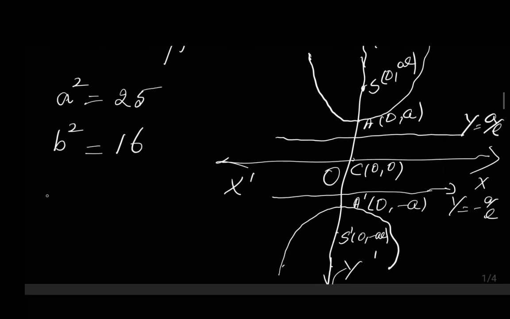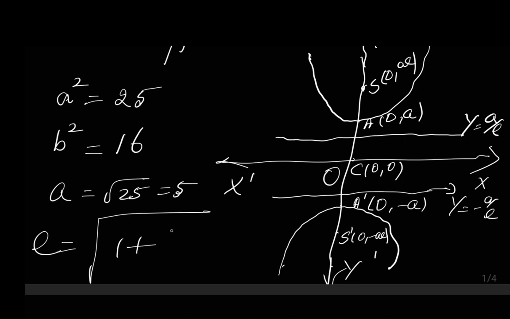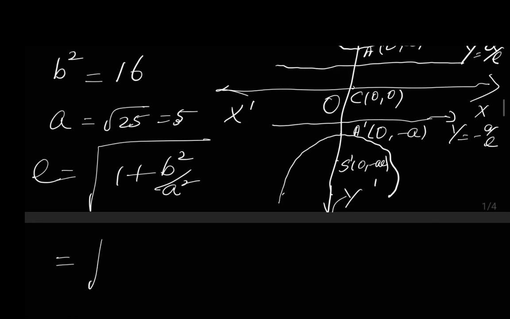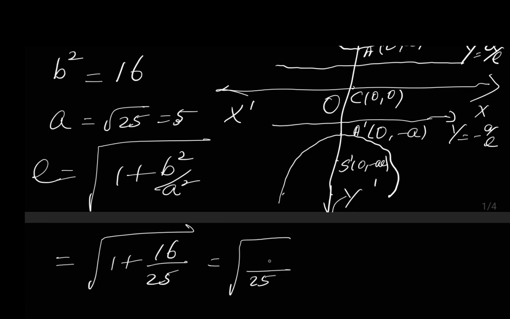And what about that? A is equal to root of 25, you will get 5. E is equal to root of 1 plus b squared by a squared. So root of 1 plus 16 by 25. So you take LCM and add, 25 is your LCM. 25 plus 16, so you will get 41. So root of 41 by root of 25 is 5 here.